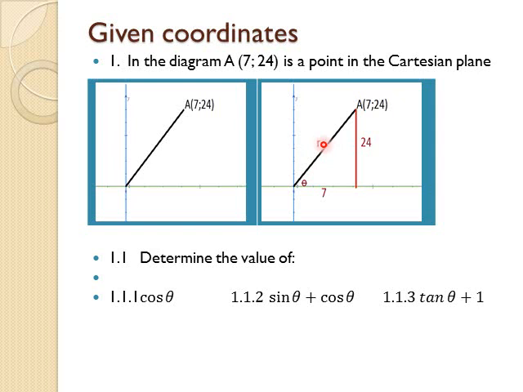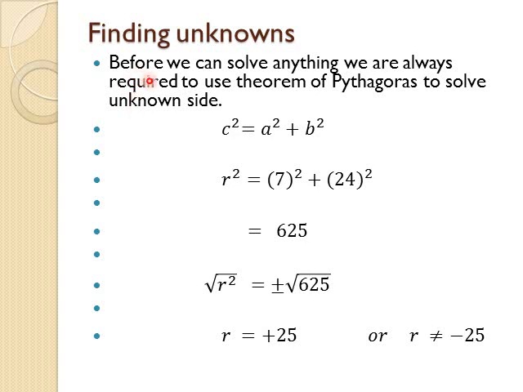So the first thing we're going to have to do is solve for r using the theorem of Pythagoras. Right, so before we can solve, we need to know the theorem of Pythagoras. C squared equals a squared plus b squared, or r squared equals x squared plus y squared. So you can see r squared equals 7 squared plus 24 squared. They gave me x as 7 and they gave me y as 24.